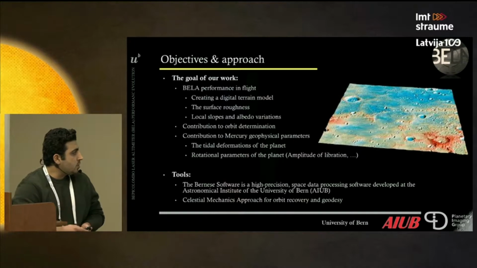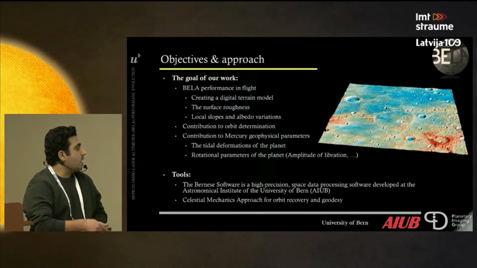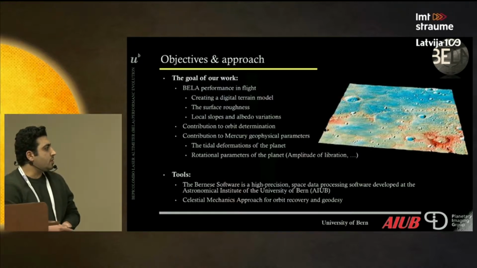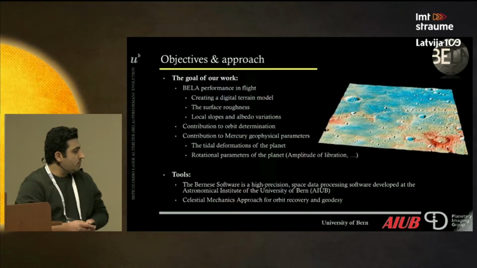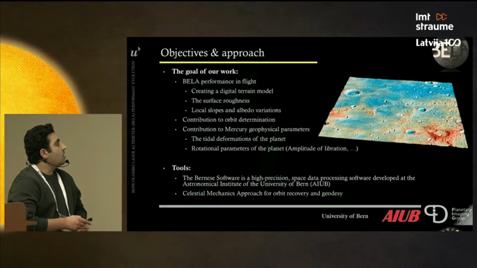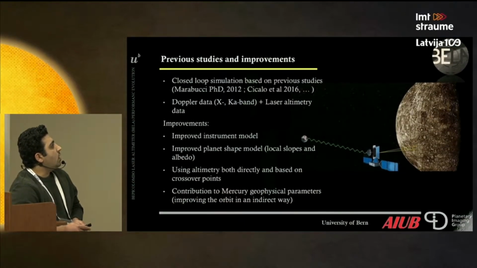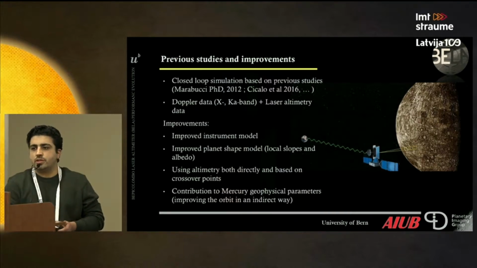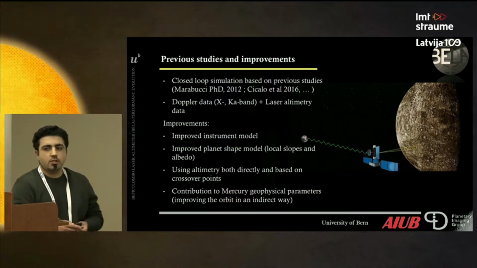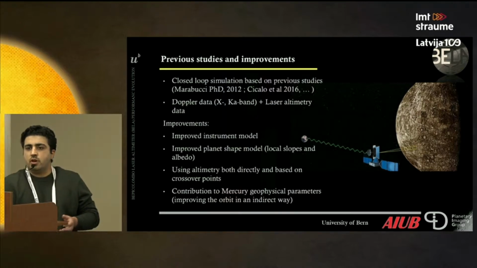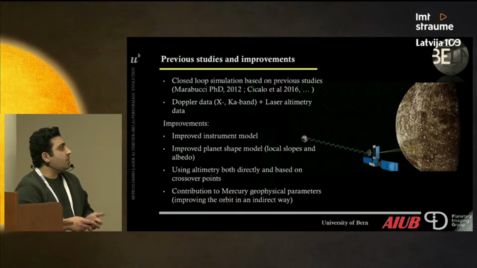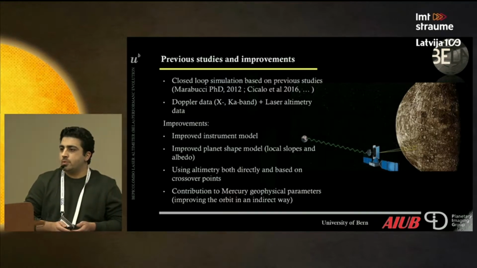The tool that we use in this process is the Bernese software, which is developed at the Astronomical Institute of the University of Bern. We use a closed-loop simulation based on previous studies by Marabucci and Cicalò, and we are using similar conditions, but we are trying to do some improvements, like using an improved instrument model.